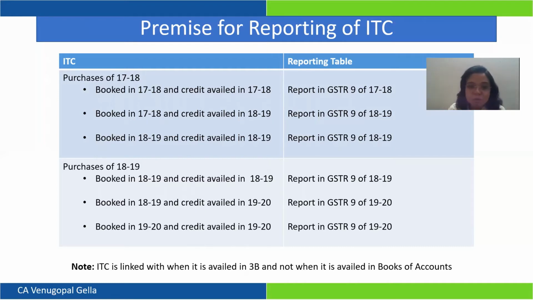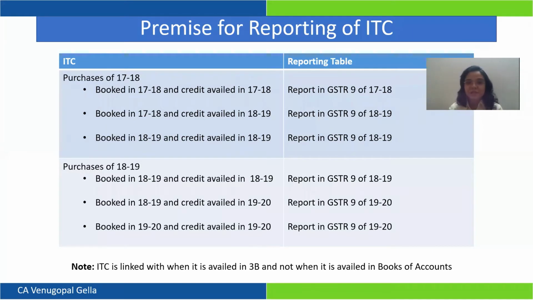If the credits are booked in 1920 and availed in 1920, they are to be reported in GSTR-9 of 1920. So like I said, the thumb rule is that the credits to be reported in a particular year of GSTR-9 is to be linked to GSTR-3B and does not matter when the credits are really accounted for in the books of accounts.